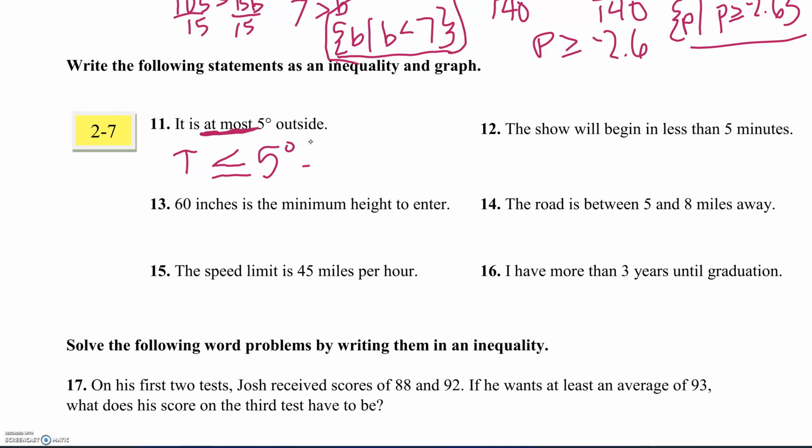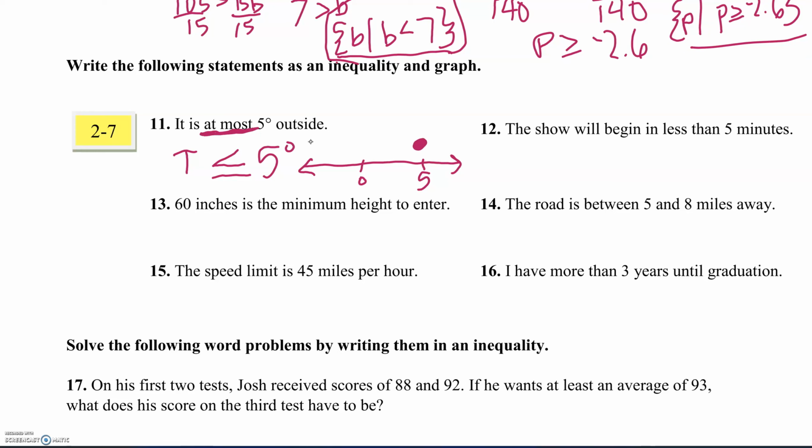And then it wants me to put that on my number line graph. So I'm just going to put a 0 for reference here and my positive 5. And remember, when you have less than or equal to or greater than or equal to, you're going to fill in that circle, fill in the hole, because we are including the number 5.